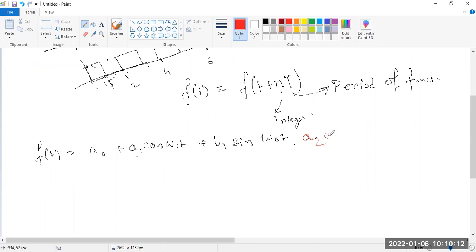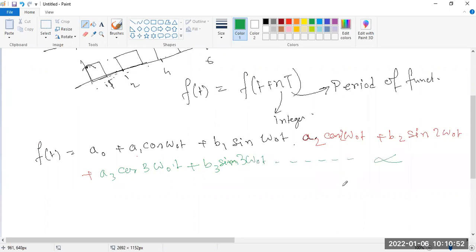Then a2 cos 2 omega 0 t plus b2 sin 2 omega 0 t. Again, since this is infinite, we write another term, a3 cos 3 omega 0 t plus b3 sin 3 omega 0 t. It continues to infinity.